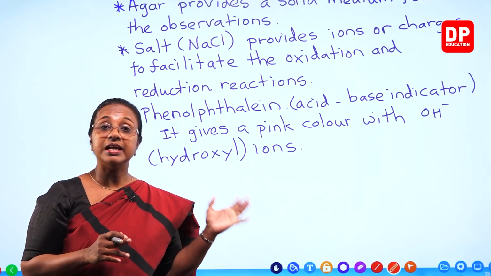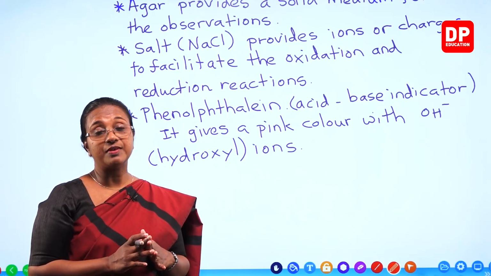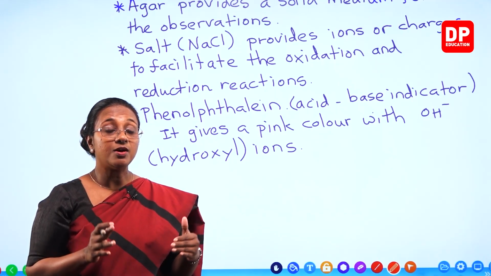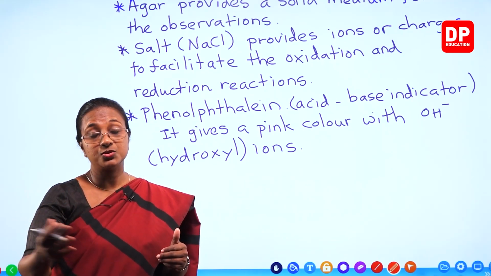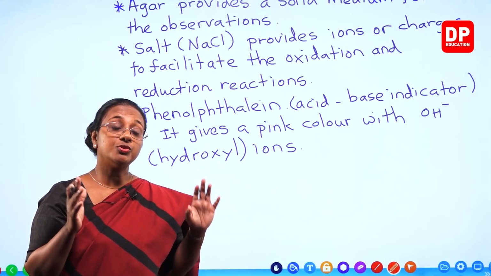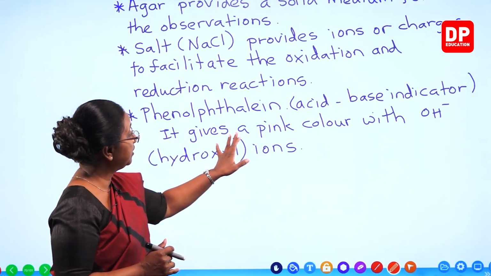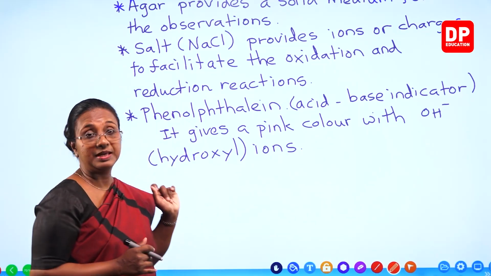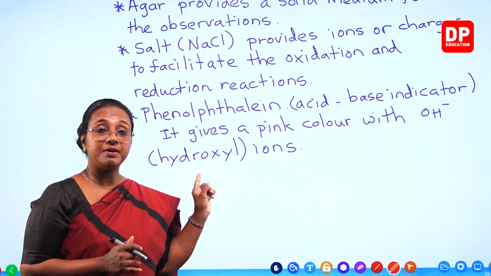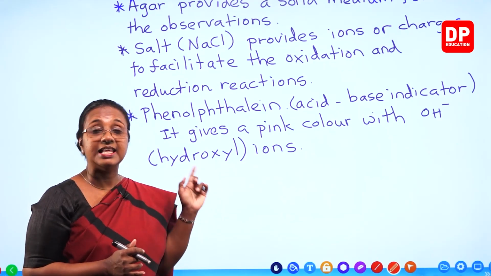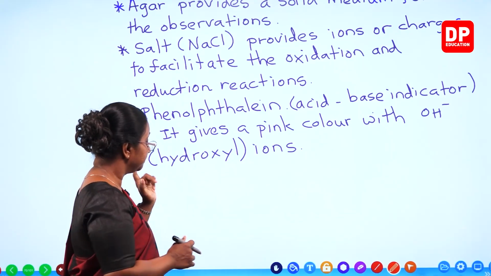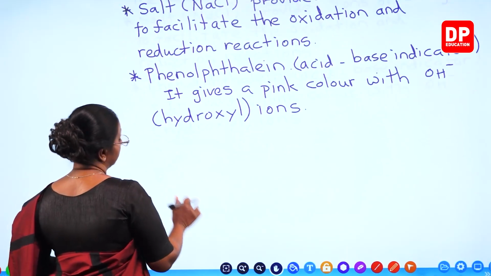And you all know in the rusting process of iron, when water and oxygen are reduced, OH minus ions are formed. So to identify where the OH minus ions are formed, we add phenolphthalein to that solid medium. You all know agar provides a solid medium. With that, there will be phenolphthalein.